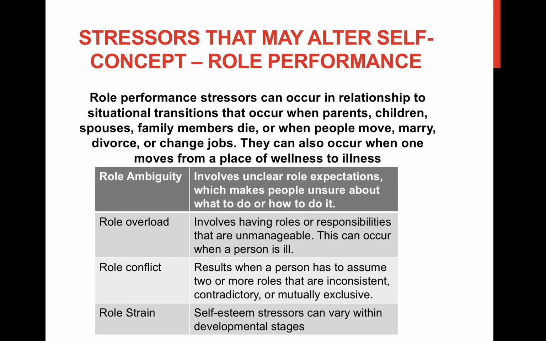Role overload, I think you might feel some of that right now, involves having roles of responsibility that are unmanageable. Especially this can happen when you get sick. Role conflict is when a person has to assume two or more roles that are inconsistent, contradictory, or mutually exclusive. And then your role strain. Your self-esteem structures can vary within developmental stages.